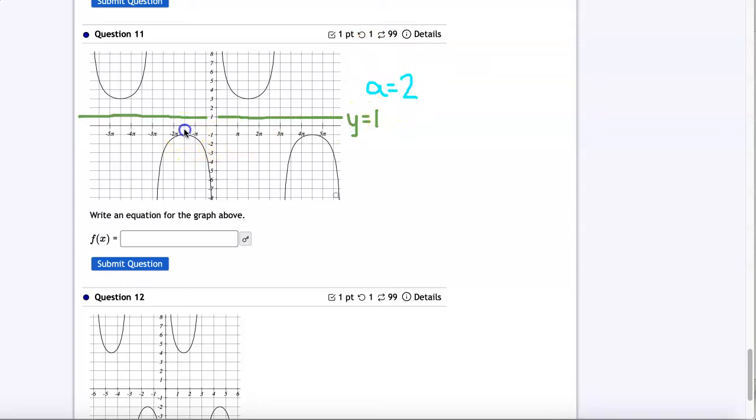Next, look for the period. I have from peak to peak or from trough to trough. Let's see, this is 4.5 pi, and this is -1.5. -1.5 to 4.5, that's a distance of 6 pi. So if your period is 6 pi, that means that your b value is 1/3.